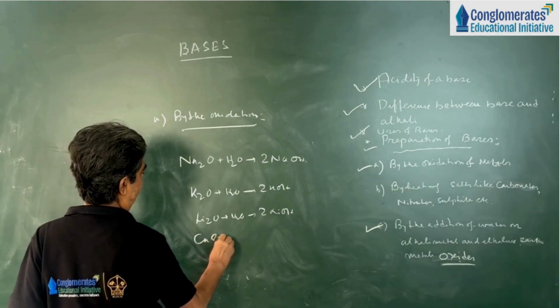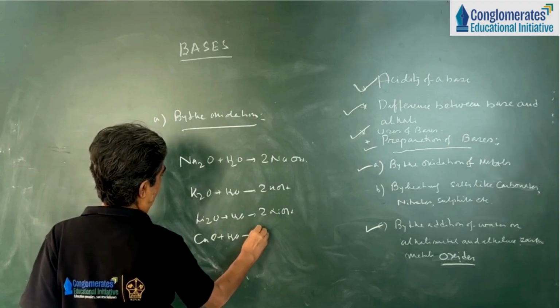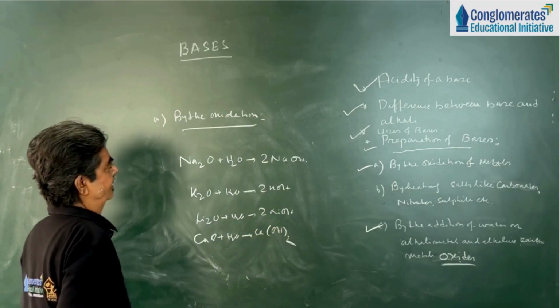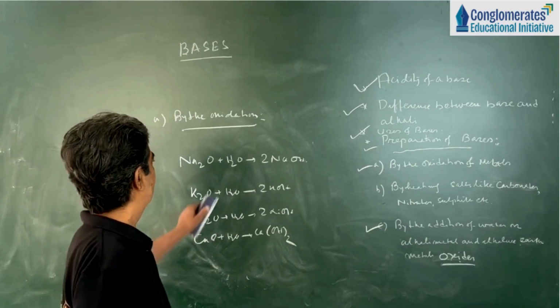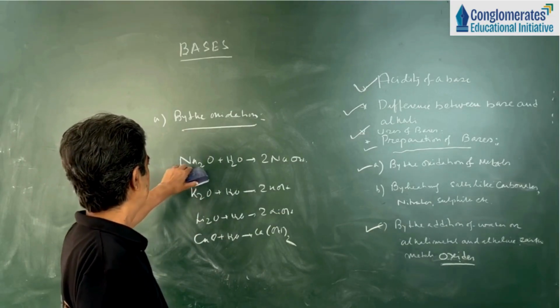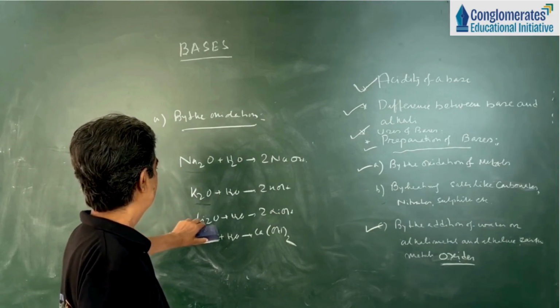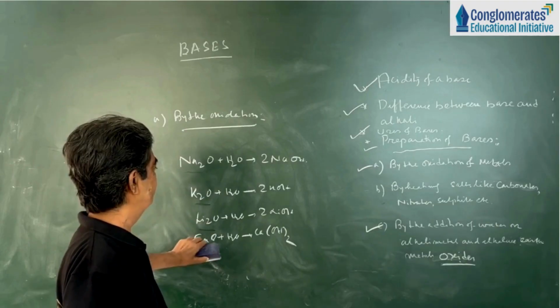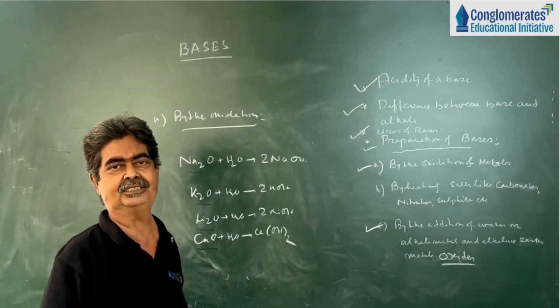CaO plus H2O gives Ca(OH)2. So by the addition of water, alkali metal oxides like sodium oxide, potassium oxide, lithium oxide, and alkaline earth oxide like calcium oxide all dissolve in water to form the respective hydroxide or alkali.